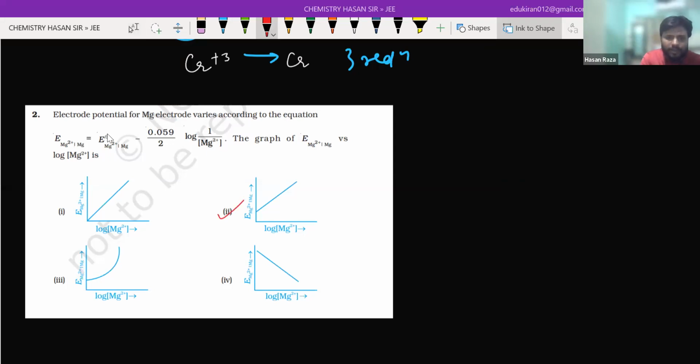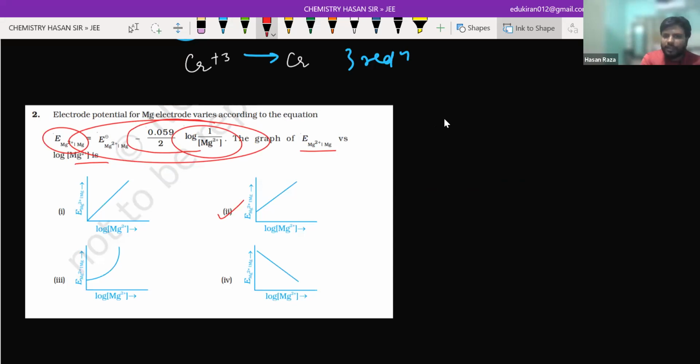Okay, I'm going to explain this. You can see this is the equation. And also the graph is between this and this. This is your y-axis and this is your x-axis, right?